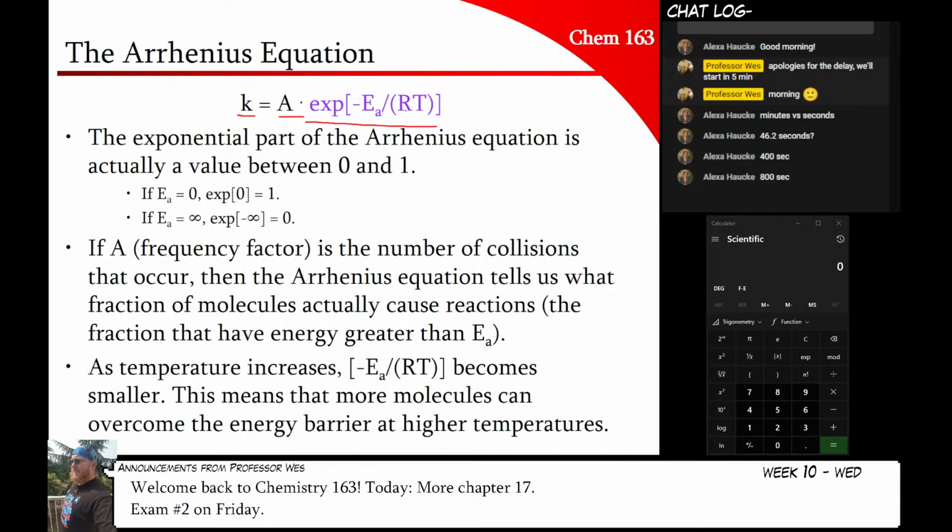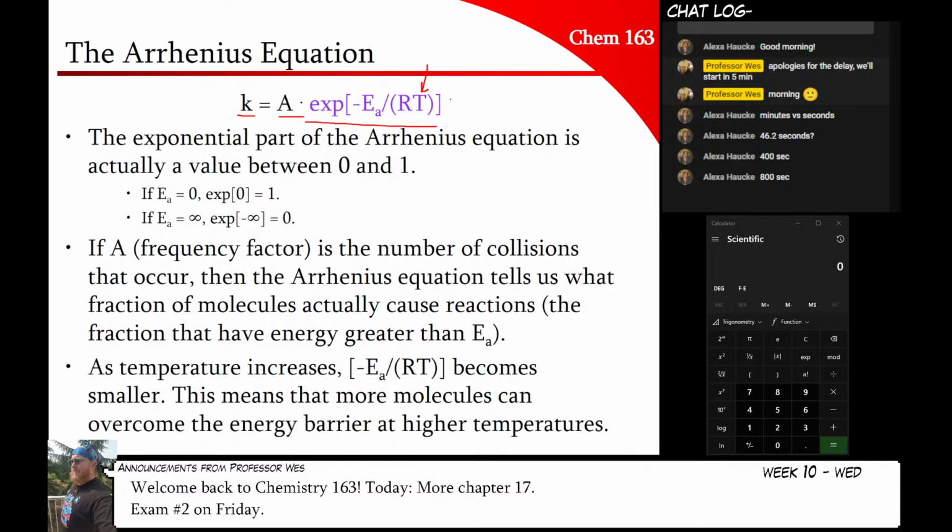Now, as temperature increases, right here, if I make T a bigger number, then negative E divided by RT is going to become a smaller number. And then when I negate that, that means that e to the negative that value gets closer and closer to 1.